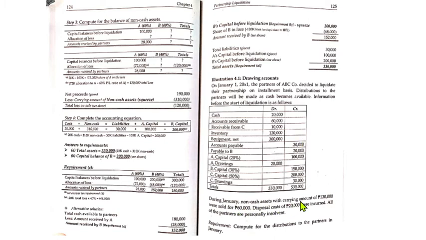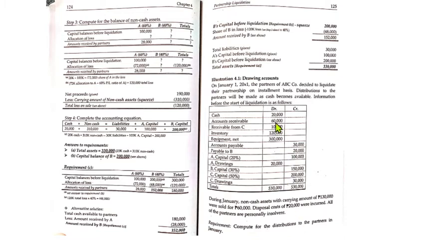So during January, the non-cash assets with carrying amount of 130,000 were sold for 60,000. Disposal costs 20,000 were incurred. All of the partners are personally insolvent. So insolvent, ibig sabihin, the partners have no capacity to bring in additional contribution once their capital balances become deficient. So the requirement is to compute for the distributions to the partners in January.